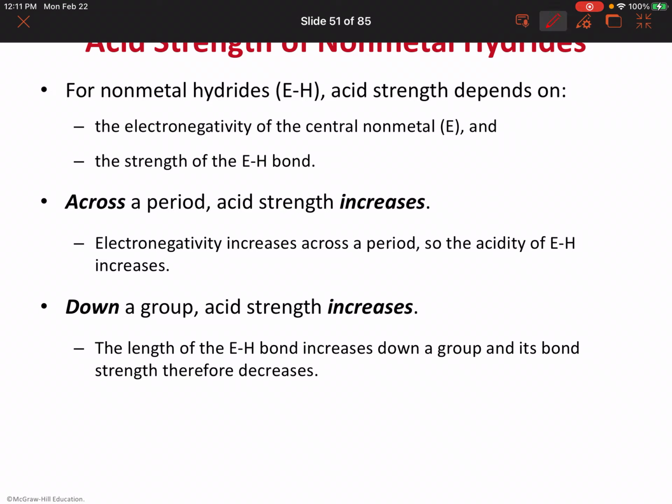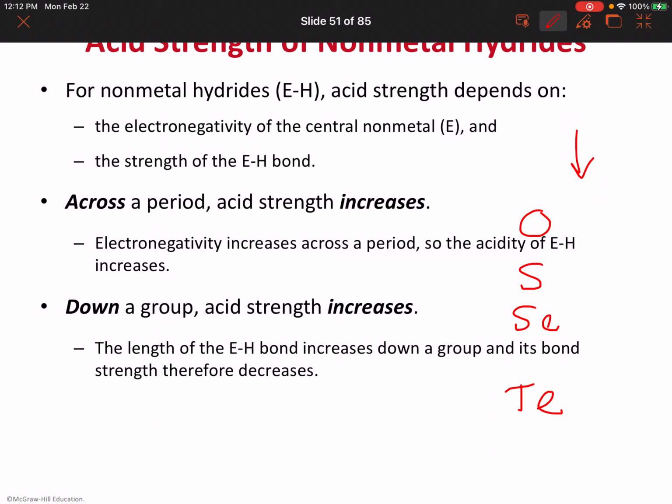So let's say you go down in the periodic table, and we take H2S, sulfur, and then you have selenium, and on top of that we have oxygen: oxygen, sulfur, selenium, tellurium. And what happens to the size of the atom as you go down?